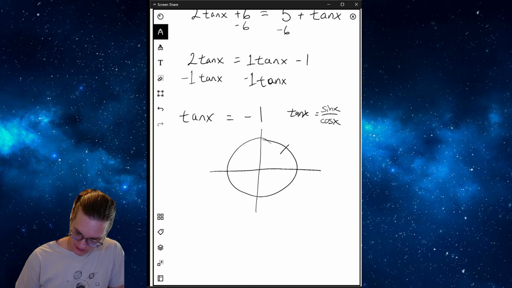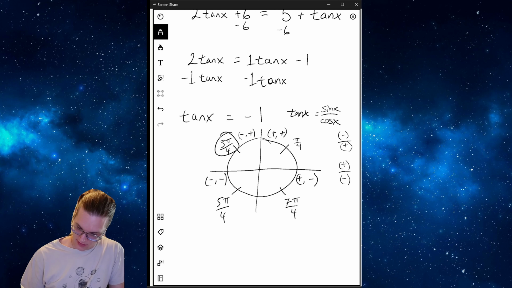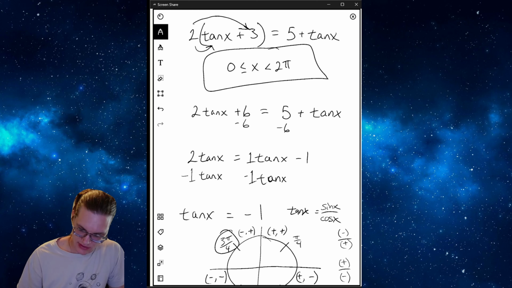So it occurs here and here, right? Makes sense? So sine over cosine is going to be -1. So we write x equals 3 pi over 4, comma 7 pi over 4. Done. And that is on this interval 0 to 2 pi. Now, say they didn't give us this condition.